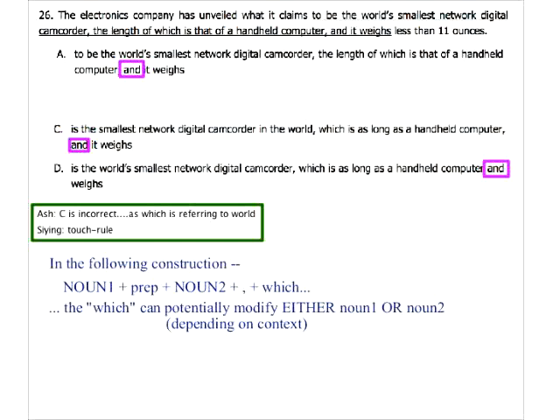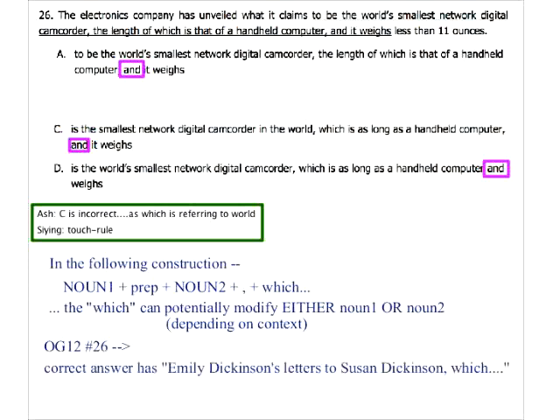In the correct answer to Official Guide 12, number 26, the correct answer has Emily Dickinson's letters to Susan Dickinson, comma, which were.